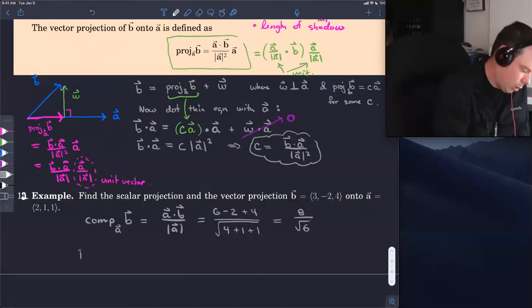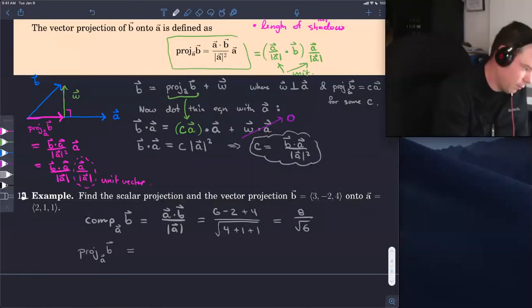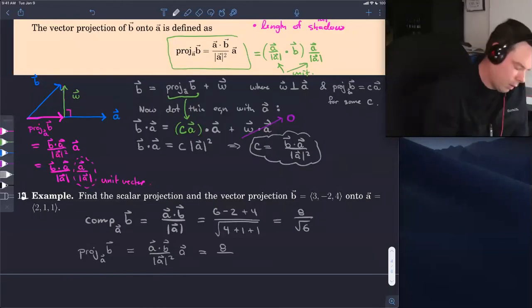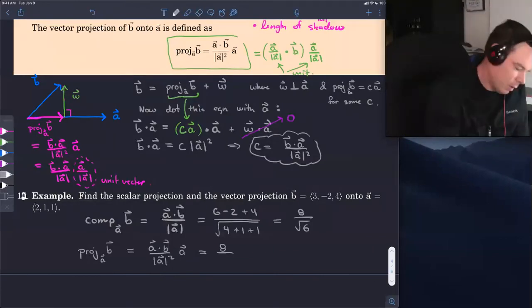And then the other part to that is the projection of B. So this is the vector part. The first part was how far it points in the direction. Now we're going to make a vector out of that. And the vector is A dot B over the magnitude of A, all squared, times A. And so this is going to be 8 over, in the above calculation we had just the length on the bottom, now we want the length squared, so that's going to be a 6.